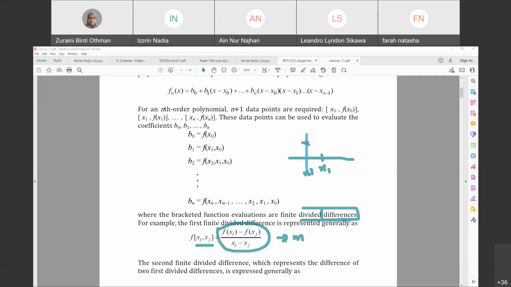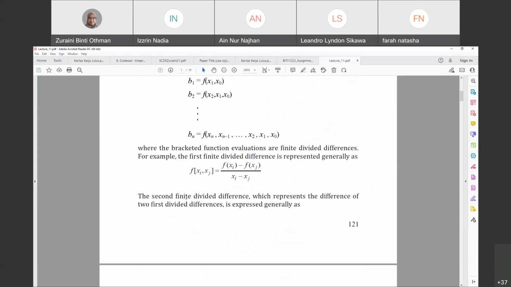Kat sini contohnya. Okey, X1 nilai dia kat sini. So, B1, ini ialah persamaan untuk B1 ni. Bila kita tengok XI, XG, dia ada 2 titik je kat situ. Okey, maksudnya kita kena cari kecerunan pada titik yang ni. Kecerunan yang ni berapa? This is what we call the divided difference dia pada B1. Okey, nanti kita tengok lagi.